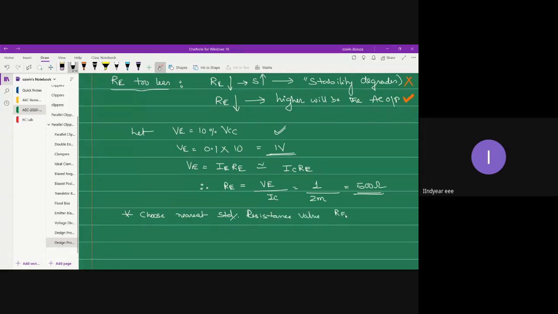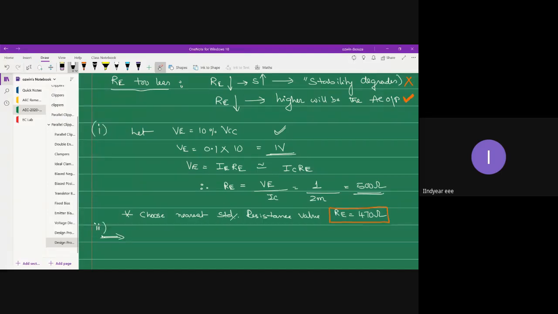The nearest standard resistance value is 470 ohm. So let's choose RE as 470 ohm. This is a standard resistance value. All right, so done. What we have found? We have found RE. Now we are left with 3 more resistances. I will write this as the first part of your design.